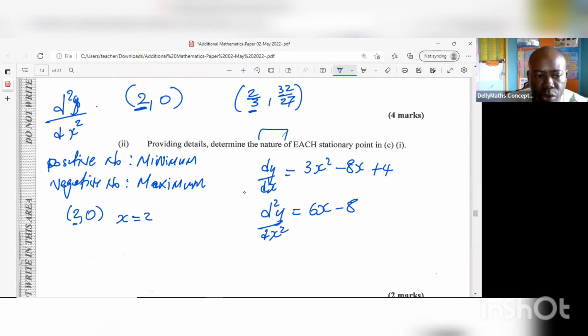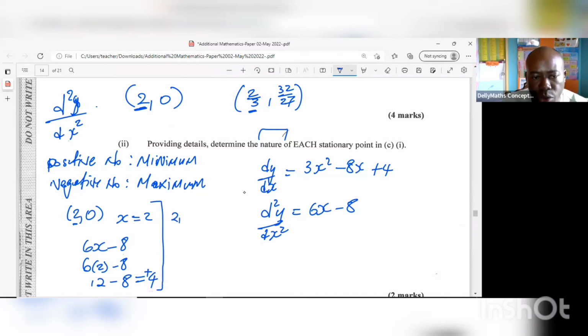So I want to substitute right here. We're talking about 6x minus 8 when x is 2. So this is 12 minus 8, which is 4, a positive 4. So basically, since this is a positive 4, I'm saying (2, 0) is a minimum. So at (2, 0), we are at a minimum.